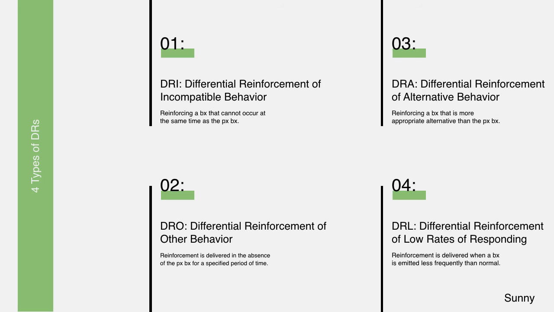And then if we go into DRLs, this is a funky one. So DRL, remember, is the differential reinforcement of low rates of responding. This is the one where we're reinforcing the behaviors that are emitted less frequently than normal. A really good example of this is leaving the room to go to the bathroom.